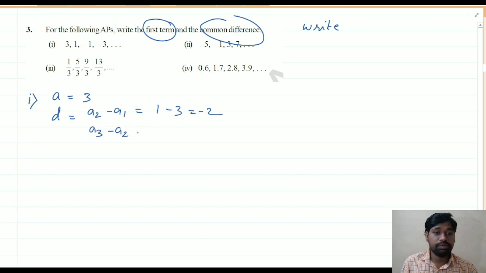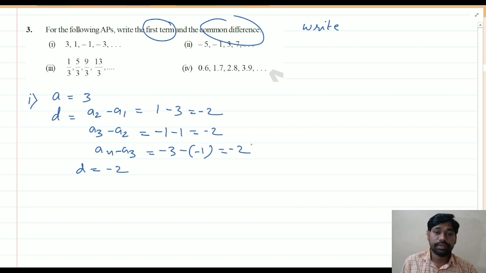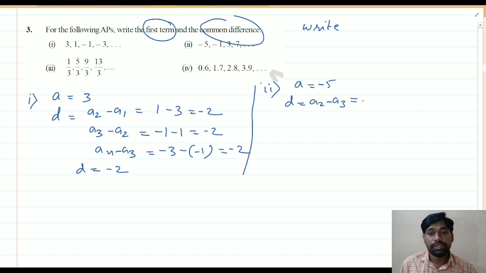A3 minus A2 is also minus 2, and A4 minus A3, minus 3 minus of minus 1, which is equal to minus 2. So D is simply minus 2. In the second question, the first term is nothing but minus 5. For the common difference, A2 minus A1.